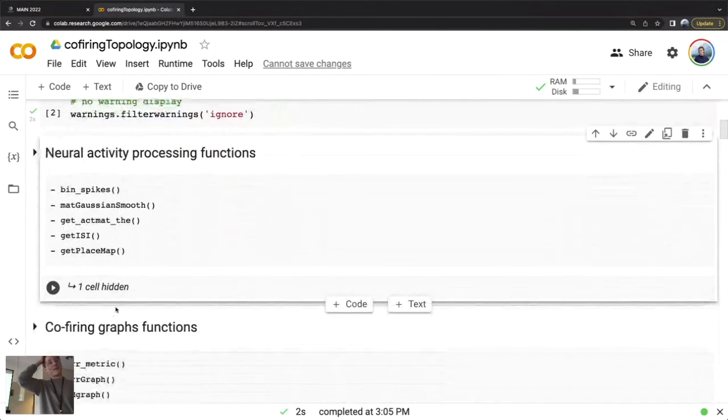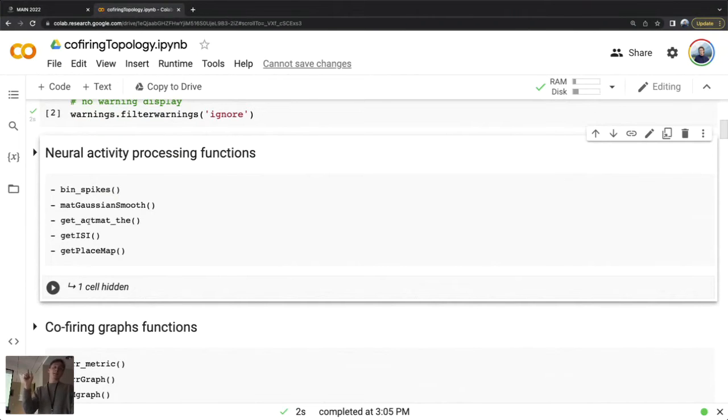So basically, the first ones are really just to process the neural data that we're going to look at. We're going to have to bin the spike trains to have a common time framework for all of the neurons together, so that we can actually take population slices of activity. This function is a Gaussian smoothing function, so nothing crazy.